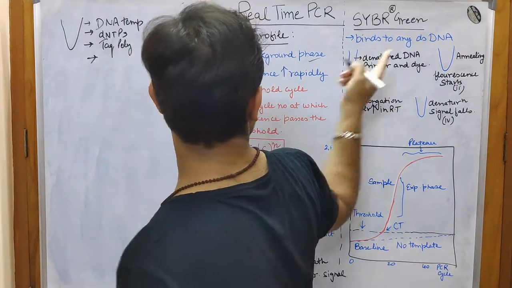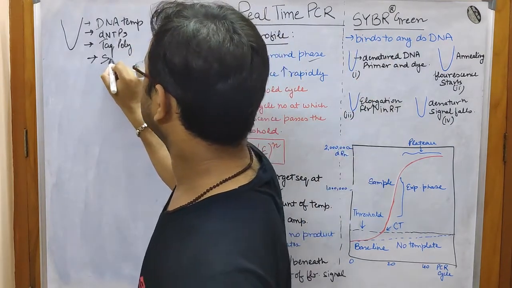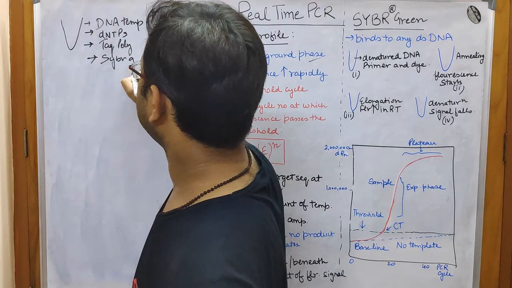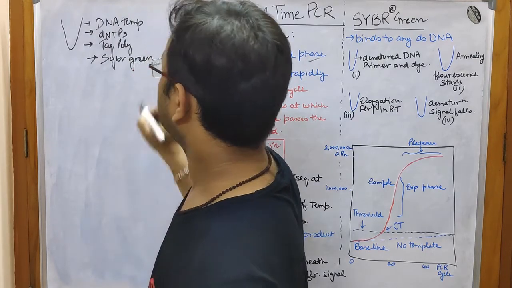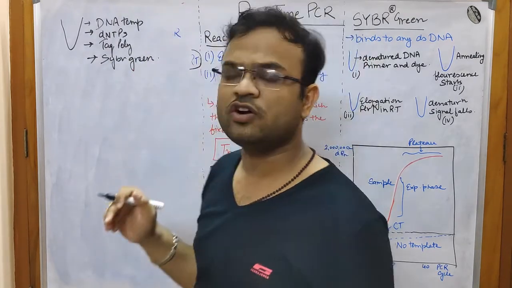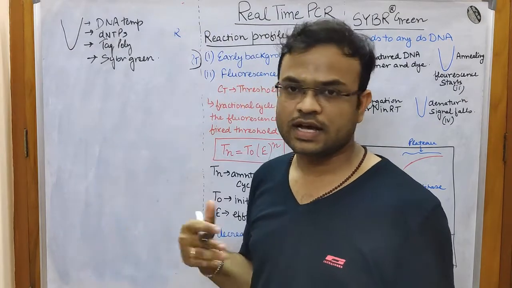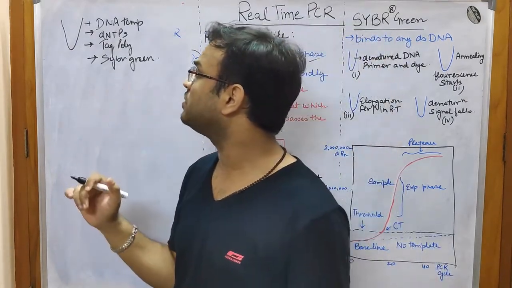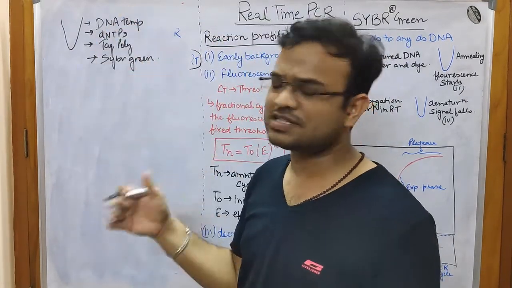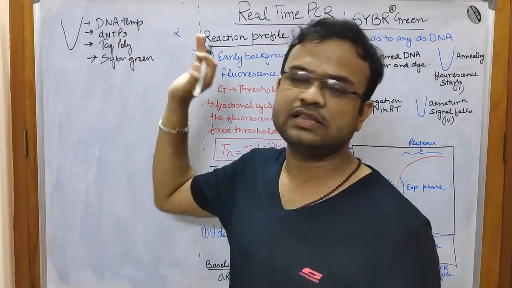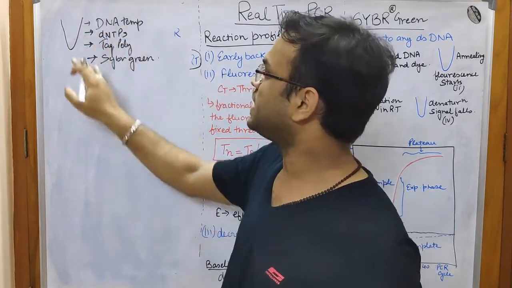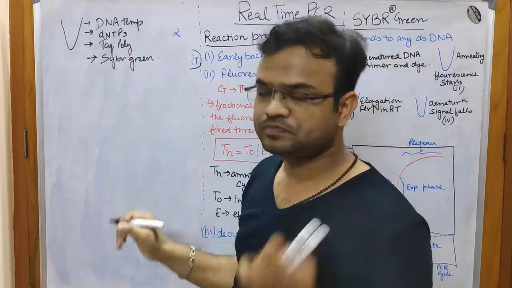Next you have also put this SYBR Green. We would deal with the method of working of SYBR Green in more detail as the lecture progresses. Let us consider that we have all the material present inside this tube.